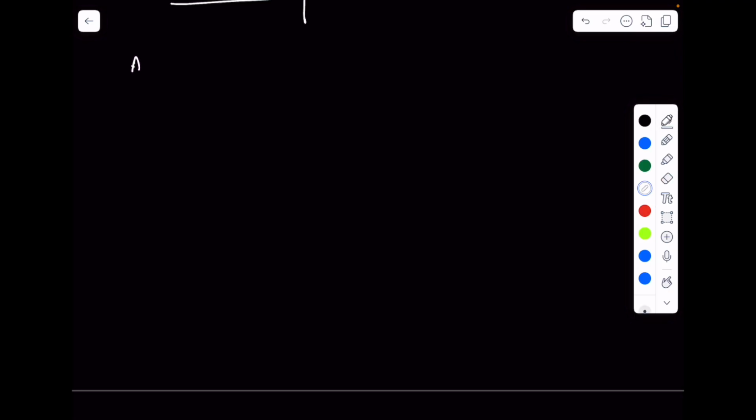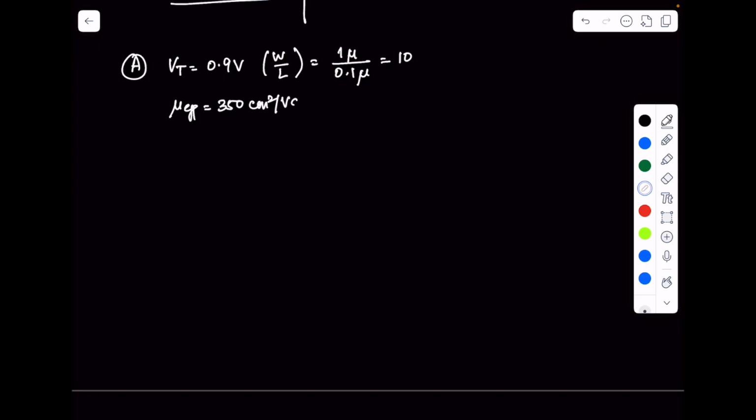So if you look at the first part, what are you given? You're given Vt is 0.9 volts. You're given W by L is 1 micron divided by 0.1 micron, or W by L is 10. You're given mu effective is 350 centimeters squared per volt second.